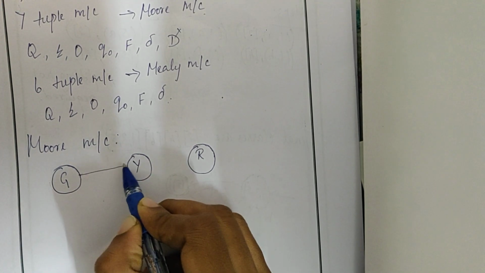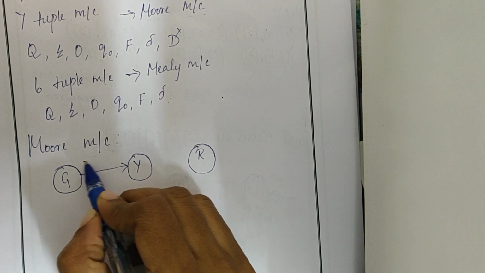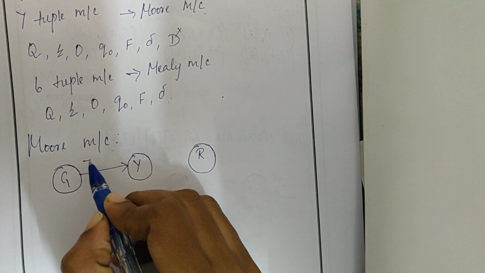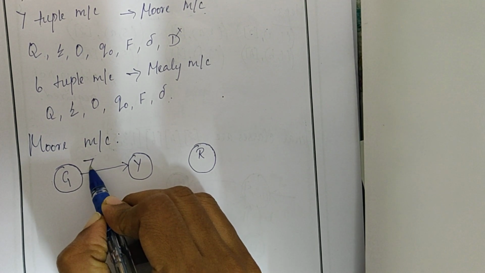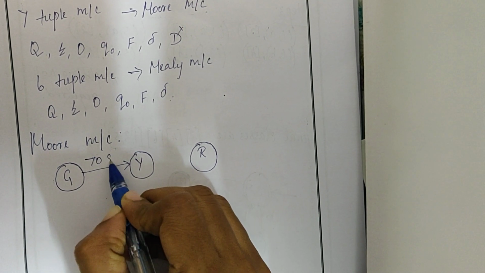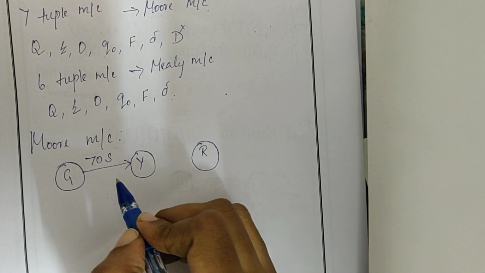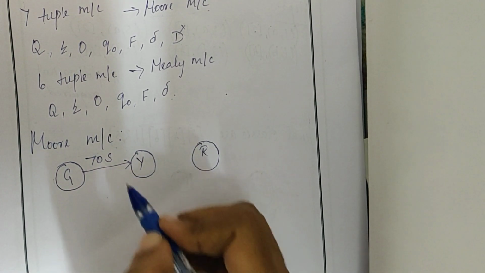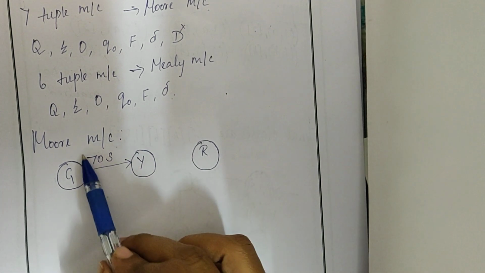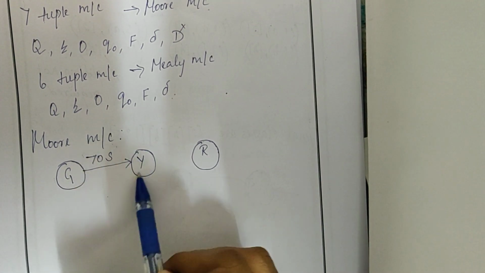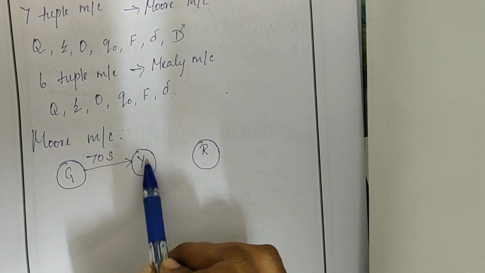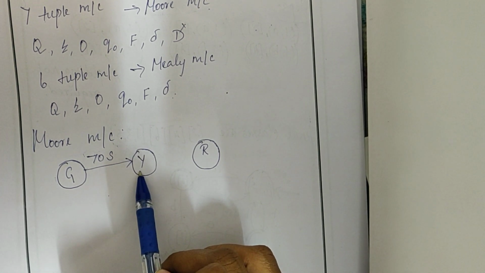Assume I design a traffic signal so that my green signal is for 70 seconds. This green signal will glow for 70 seconds. Once this 70 seconds is over, automatically I'll be moving to the yellow light.